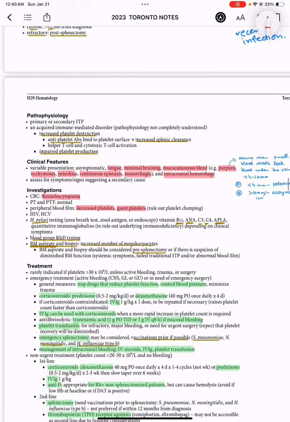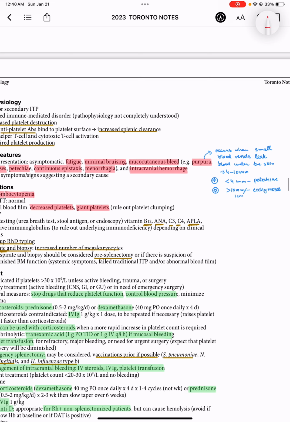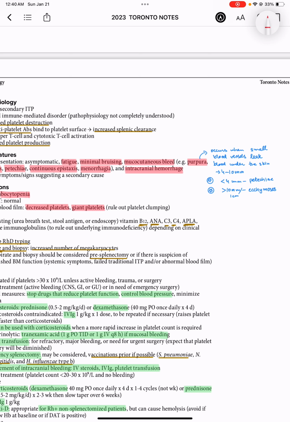So how would you describe the clinical features? It could be asymptomatic too. It presents with fatigue, minimal bruising, mucocutaneous bleeding, like purpura, ecchymosis, petechiae. So what is purpura? Purpura occurs when small blood vessels leak blood under the skin, and it ranges from 4 to 10 millimeters.